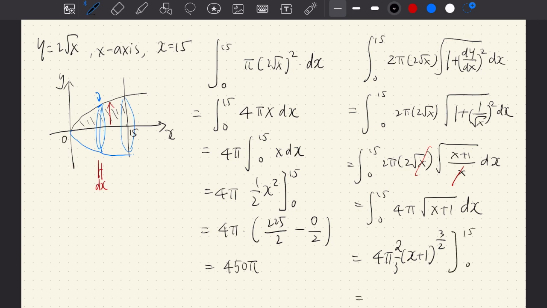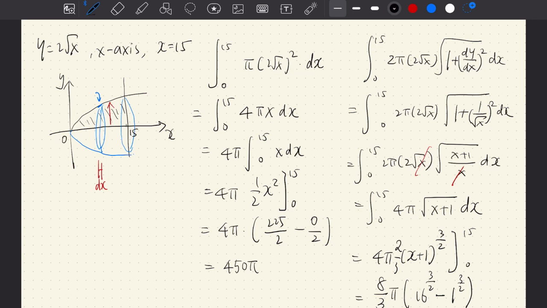So this is equal to 8 pi over 3 times 16 to the 3 over 2 power minus 1 to the 3 over 2 power.